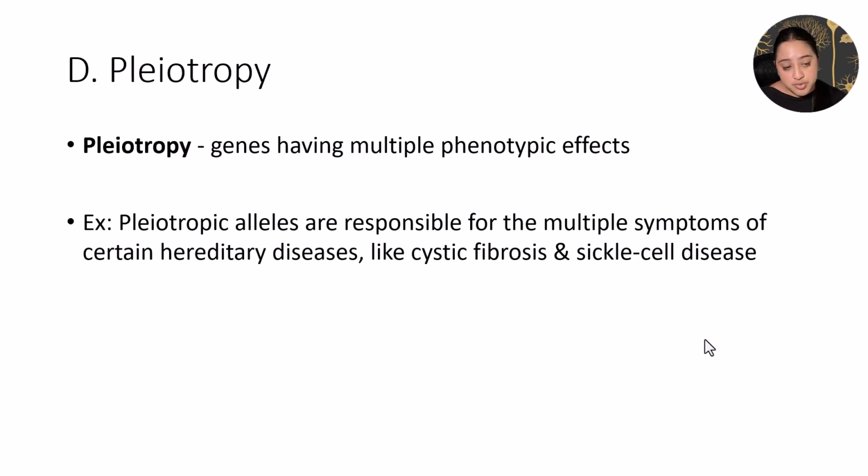So for example, pleiotropic alleles are responsible for the multiple symptoms of certain hereditary diseases, like cystic fibrosis and sickle cell disease. These cause a change, but also cause multiple changes. It's not only one trait or one character. It might have multiple effects. So it's genes having multiple phenotypic effects.